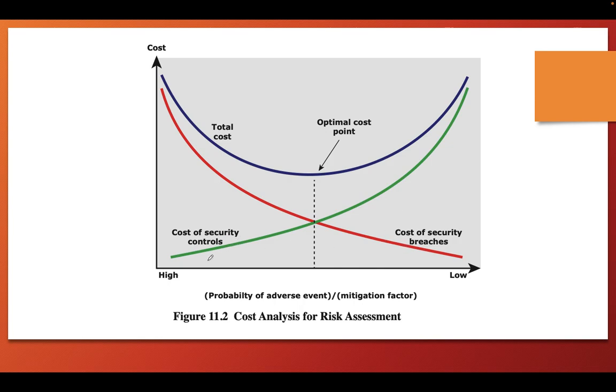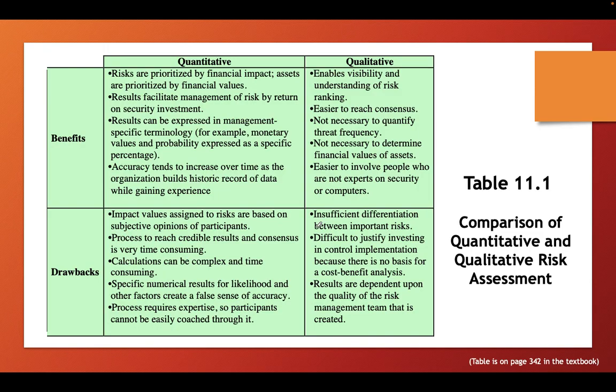Here you see the cost of security controls. The higher you spend, the more controls you have that will help to prevent threats in your system. But it is advisable to have an optimal cost, to be in the middle, so that you do not spend too much, and at the same time you are able to achieve your security objectives.